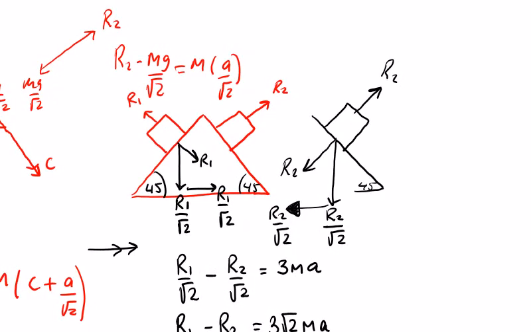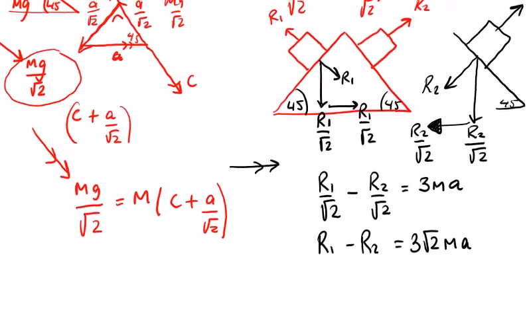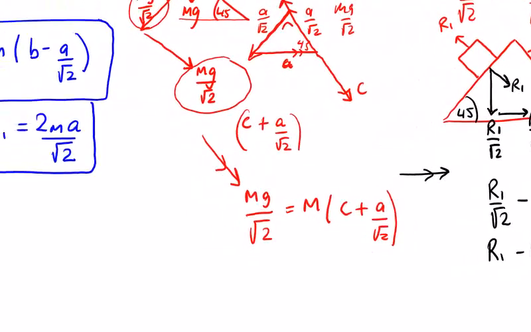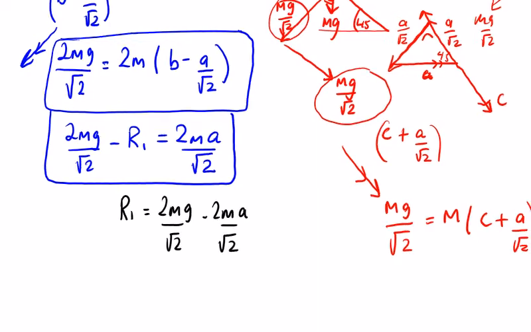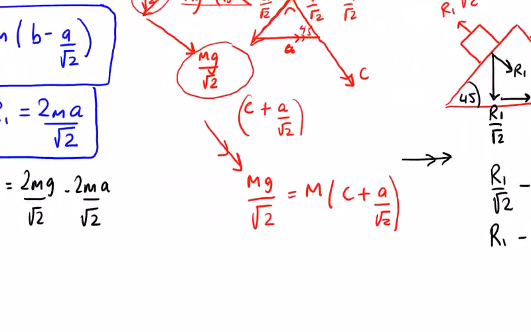So where are my R1 and R2? I've got my R1 up the top. I'll just get R1 first. R1 is equal to 2mg over root 2 minus 2ma over root 2. And we have R1 minus R2.